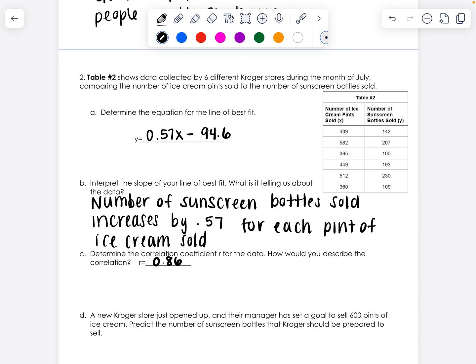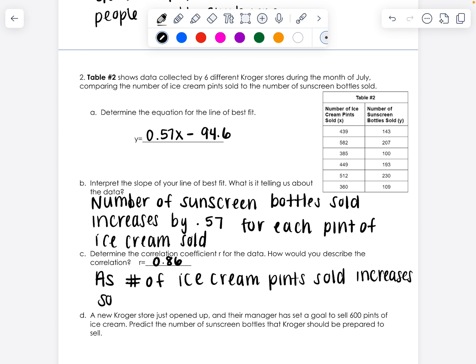Well, that means as the number of ice cream pints sold increases, so does the bottles of sunscreen.